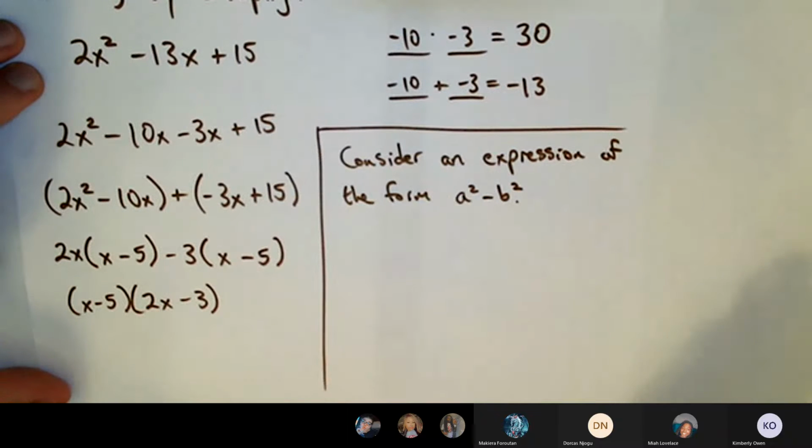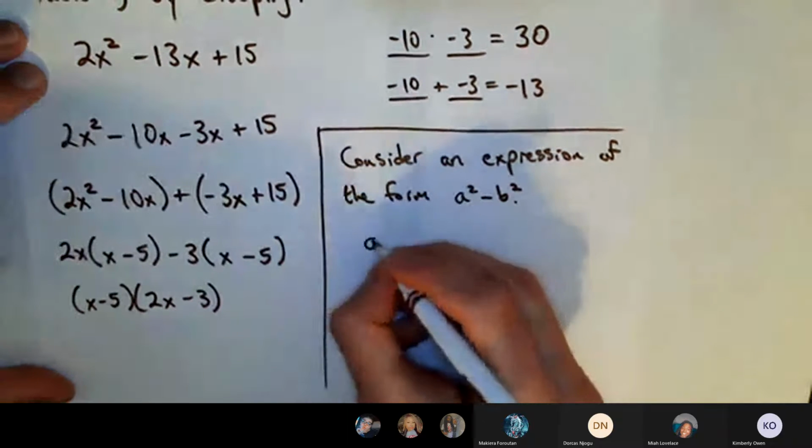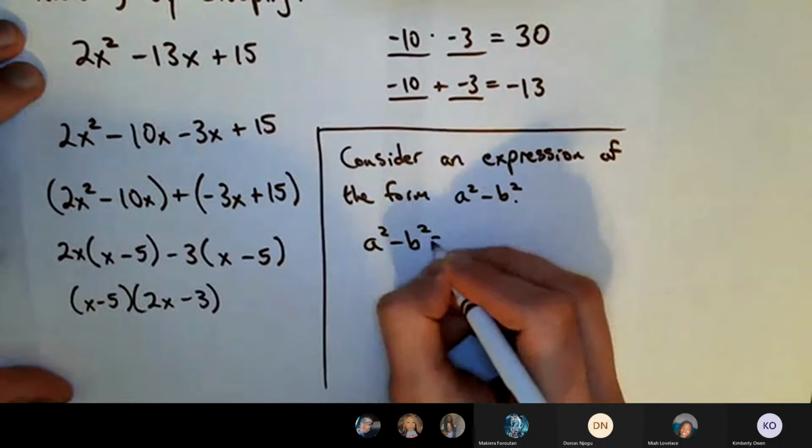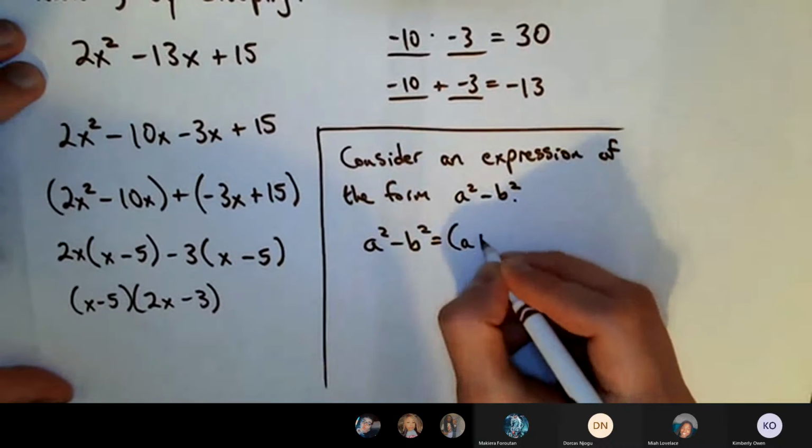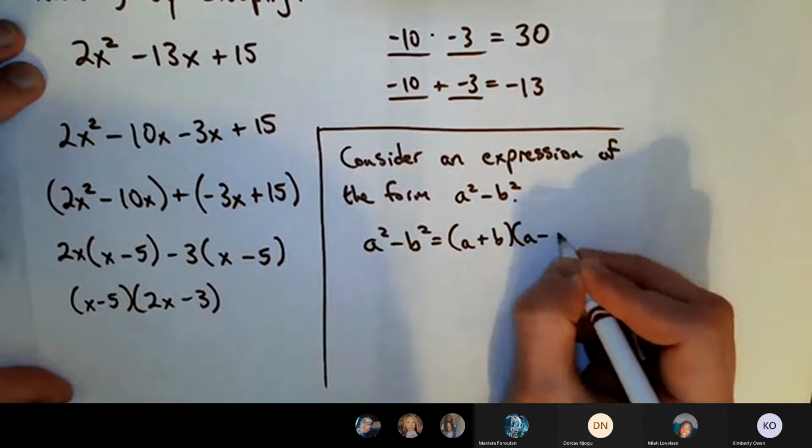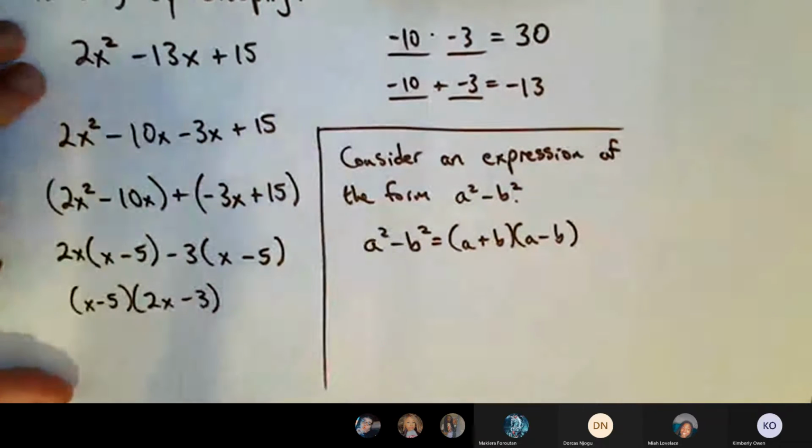Okay. We can factor this. We have a formula for this, and I'll explain the formula and then we'll practice it: a plus b times a minus b. So where is this coming from?